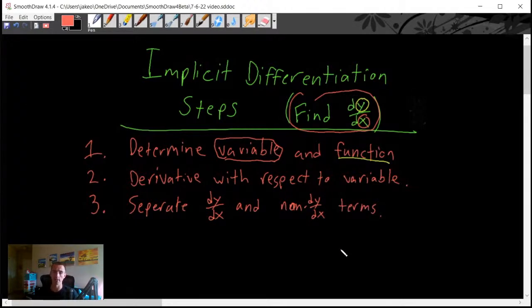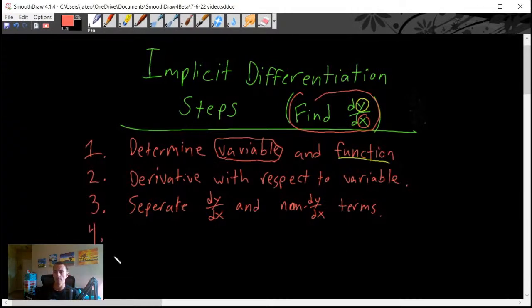Typically, what that's going to look like is just adding or subtracting terms that have dy dx over to the left side of your equation, for example, and then adding or subtracting any terms that don't have dy dx over to the right side of your equation.